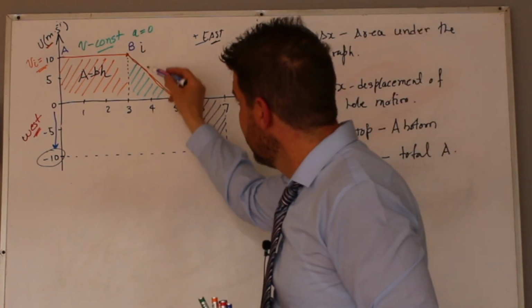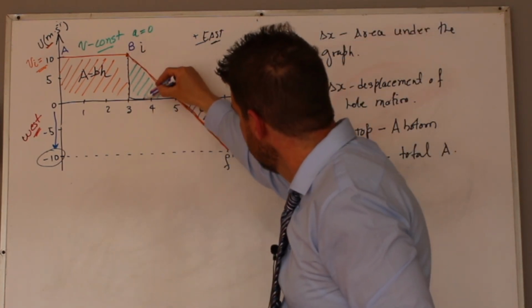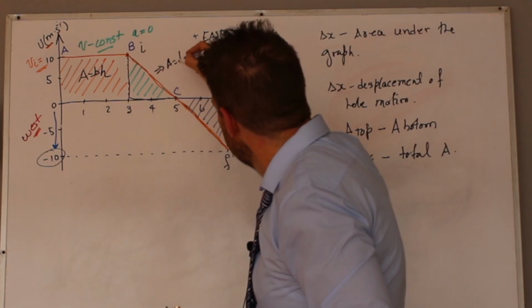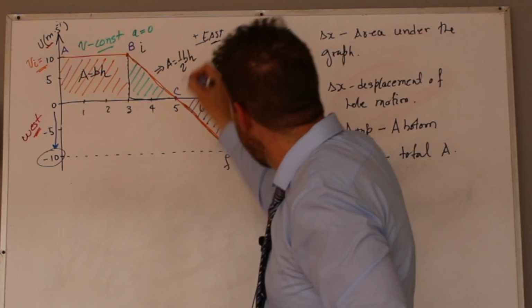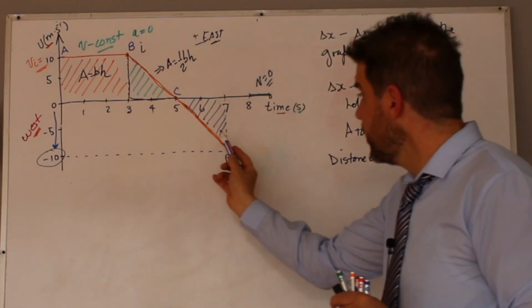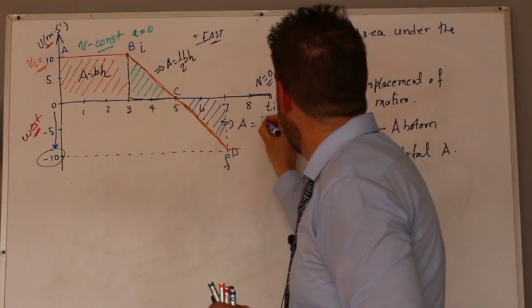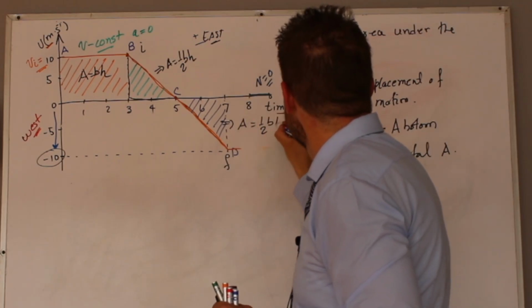This area here is a triangle, so it's half base times height. This area here is also half base times height.